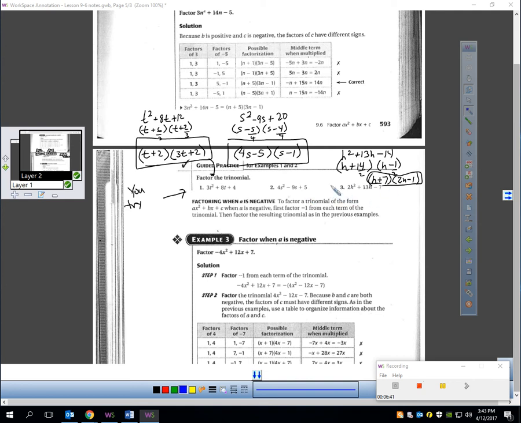And for number 3, we should have ended up with an h plus 7, 2h minus 1 factoring. Now, if you aren't getting those, make a note in your notes that, hey, I need to ask this in class, and I would be happy to work through either or each of these if necessary to help you see it. Okay? All right, let's keep going.